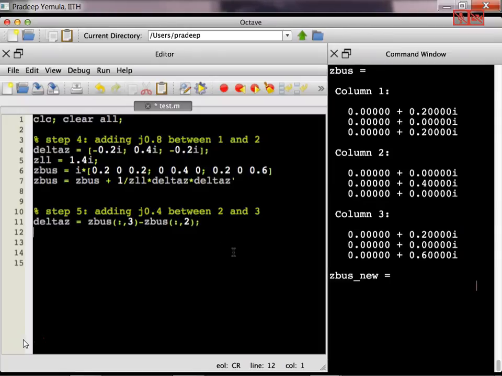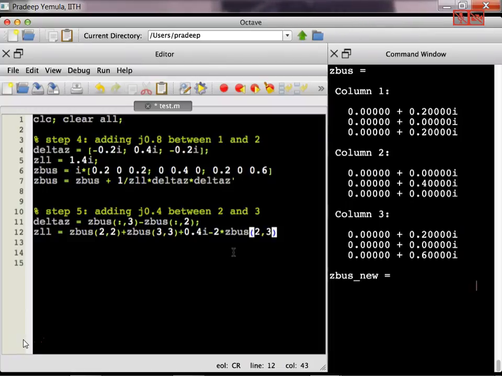Then ZLL I will also calculate. ZLL is nothing but Z bus 2,2 plus Z bus 3,3 plus J0.4 minus 2 into Z bus 2,3. So this is the formula.